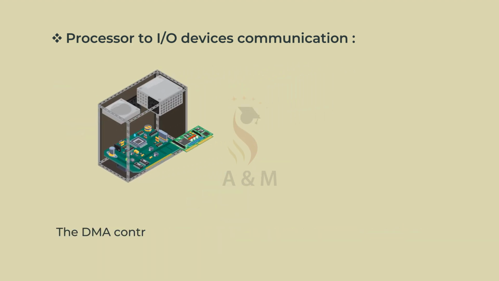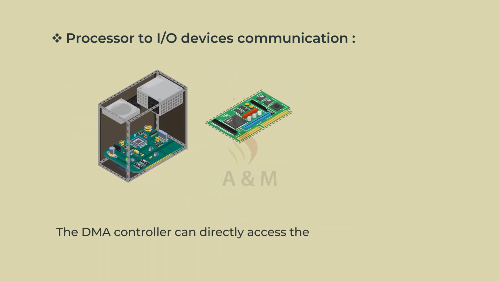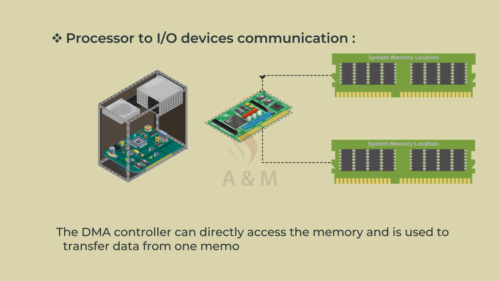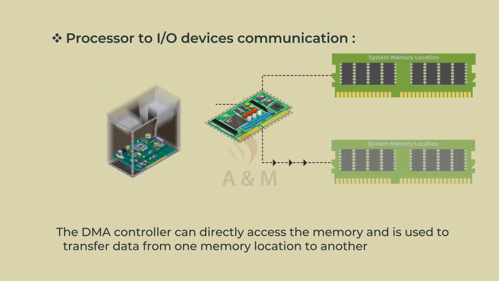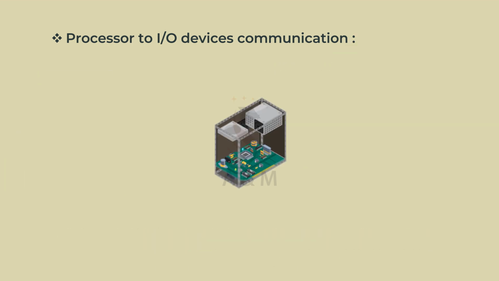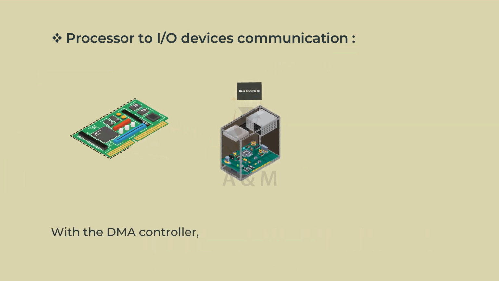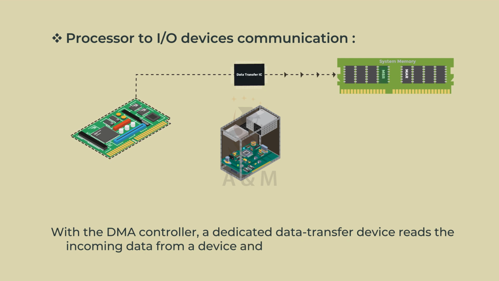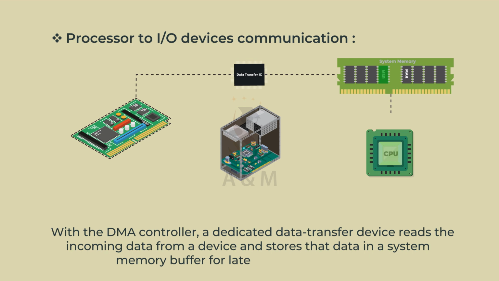The DMA controller can directly access a memory and is used to transfer data from one memory location to another, or from an I/O device to the memory and vice versa. With a DMA controller, a dedicated data transfer device reads the incoming data from a device and stores the data in a system memory buffer for later retrieval by the CPU.